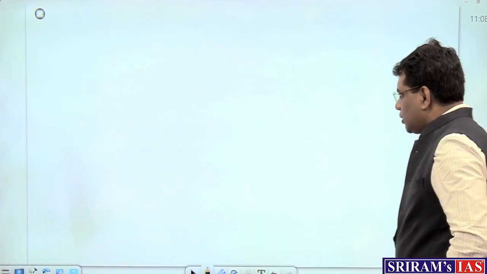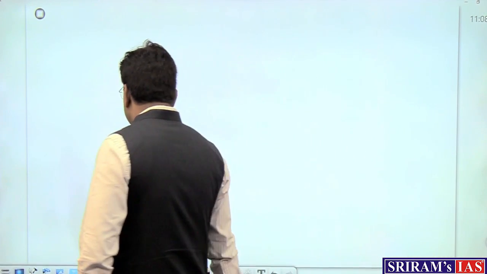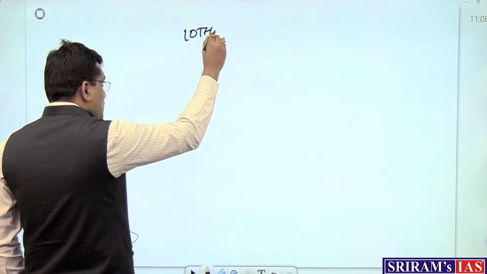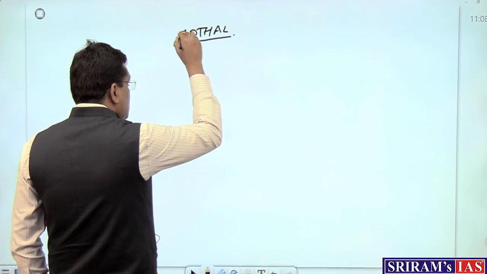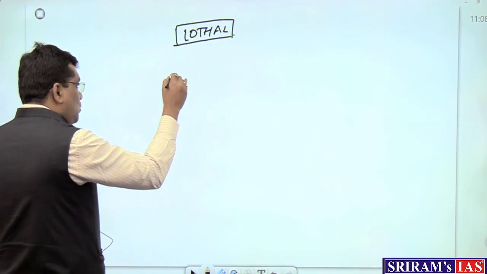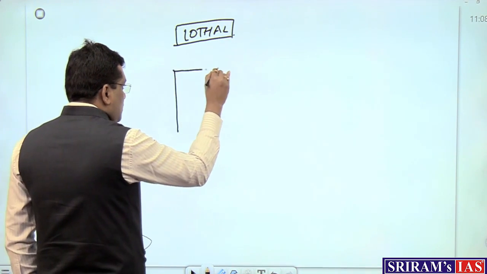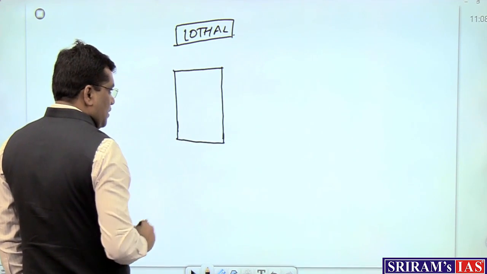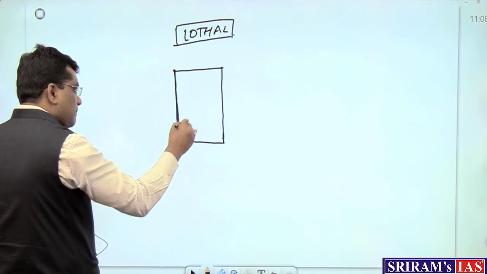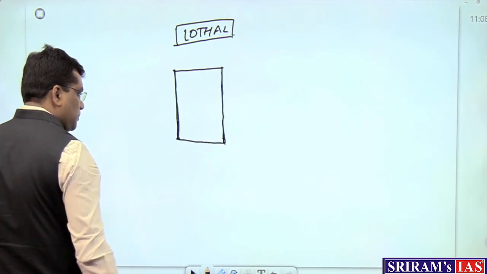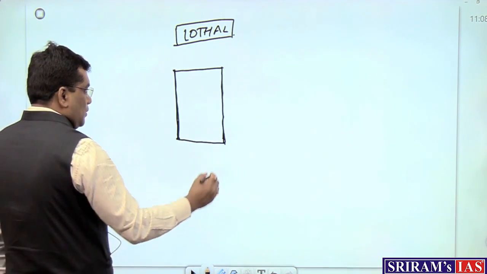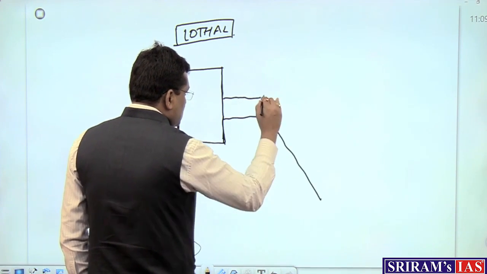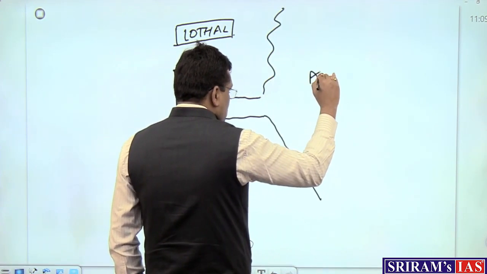Suppose you talk about the city Lothal. Other than where it is located, there is no such division as the citadel and the lower town. There is a single city on the bank of the river Bhogava, and it was connected to the Arabian Sea.